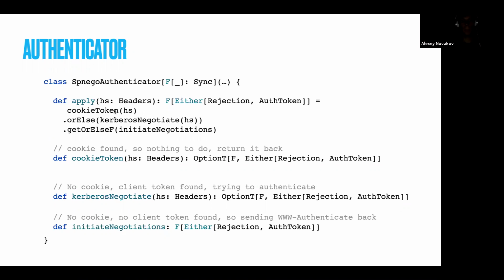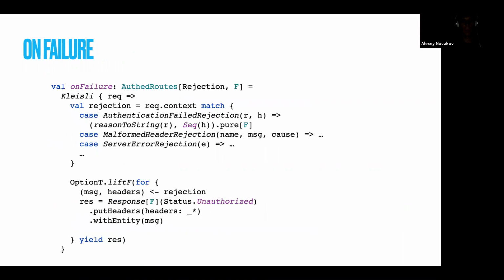So that's basically the very first function, which will be called after the authentication succeeds. And from the onFailure function that we also need to provide to the auth middleware, we already know that this flow has already failed. So we just need to provide the correct response based on some rejection reason.